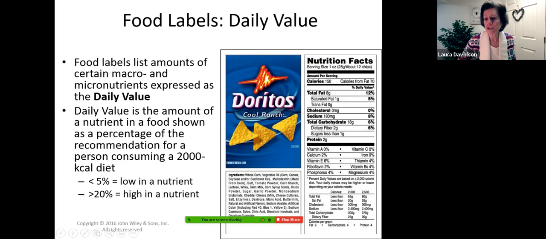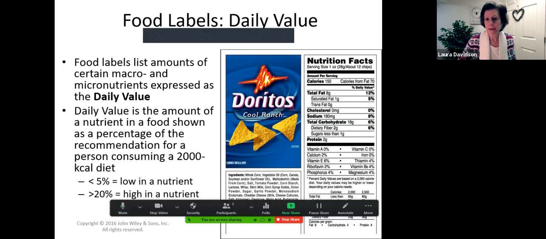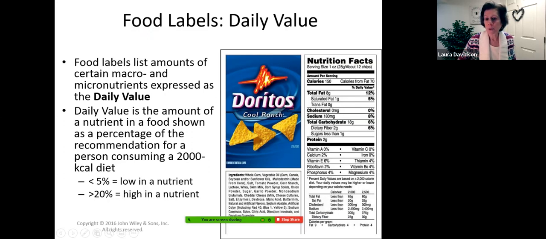This 12 chips, because everything after this in the label is for those 12 chips. So 12 Cool Ranch Doritos chips has 150 calories, 8 grams of fat, 1 gram of saturated fat, et cetera, et cetera. So that shows you what that serving is.